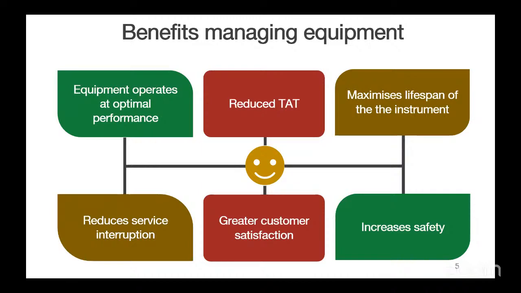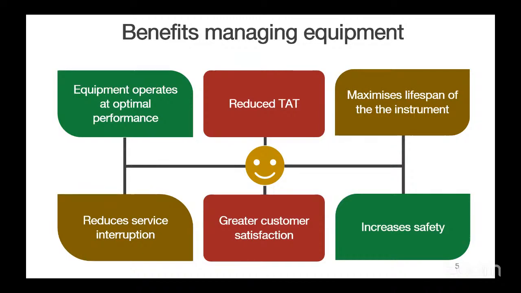And we know that three things define the quality of any lab result: the accuracy, the reliability, and the timeliness. So when the equipment is not properly managed, it will increase the turnaround time. When it is properly managed, it helps to reduce the TAT. It also helps to maximize the lifespan of the equipment.